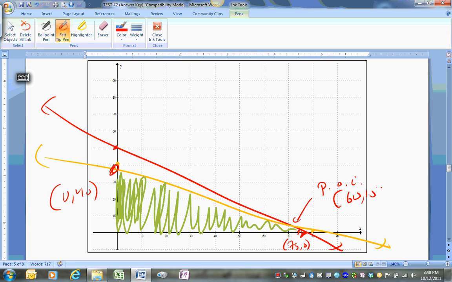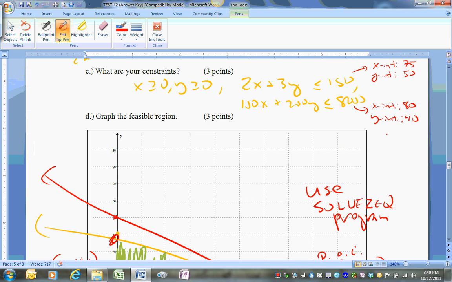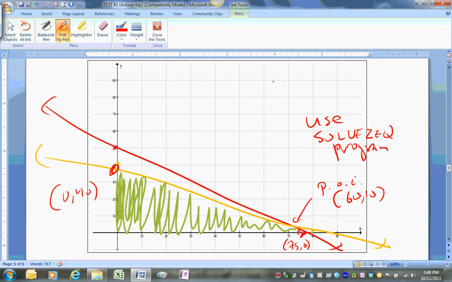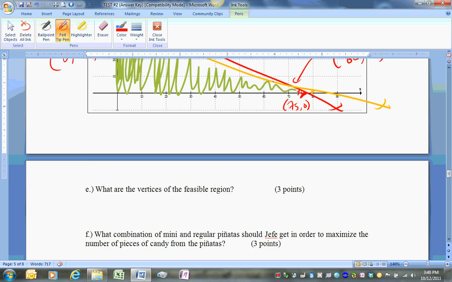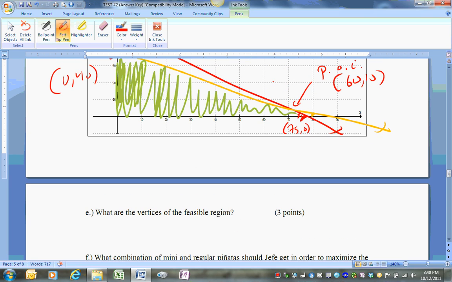If you use your calculator, use the solve 2EQ program that I've given everyone in the calculator, you can actually use it to get x and y. And you'll find it'll be 60, 10. I know my graph doesn't represent that clearly because I'm drawing this a little bit carelessly, but that's what you would get. And of course we have a vertex at 0, 0.